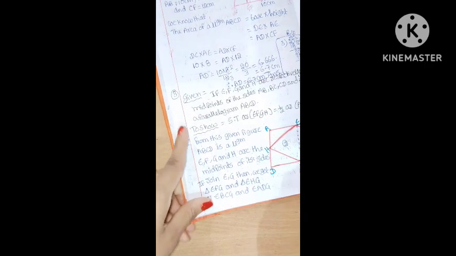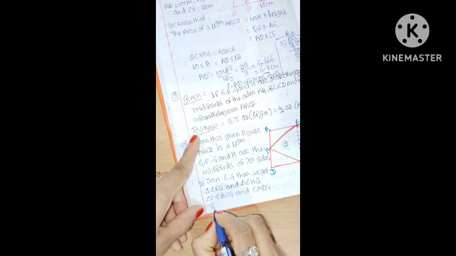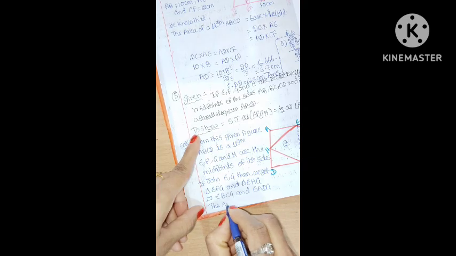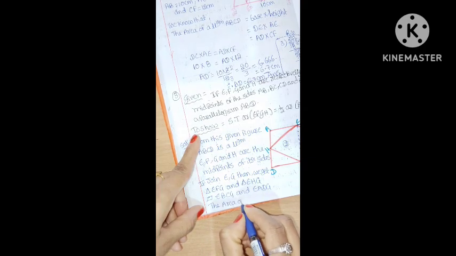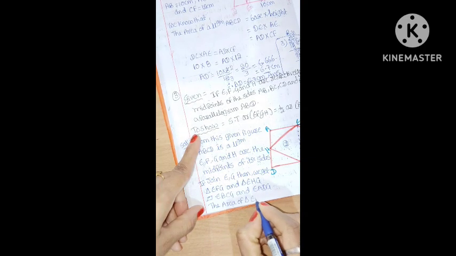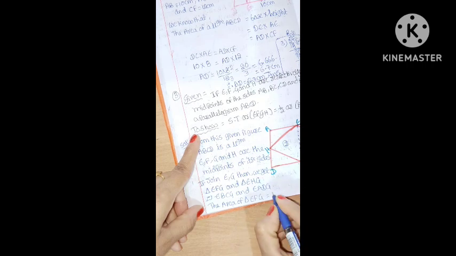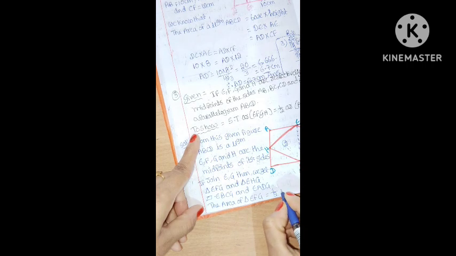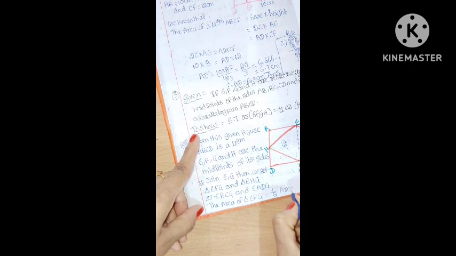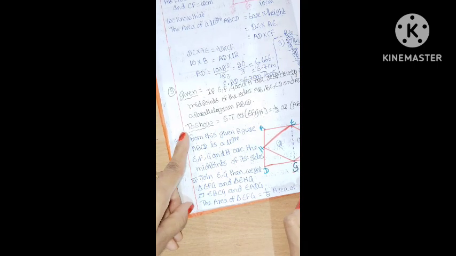Next, areas. The area of triangle EFG is equal to half of the area of parallelogram EBCG.